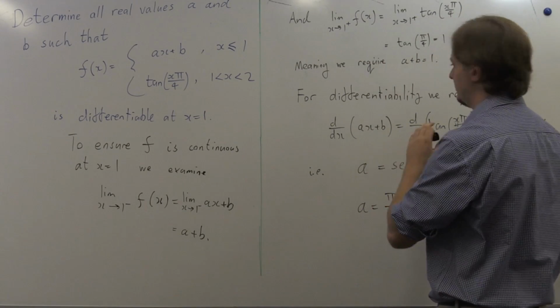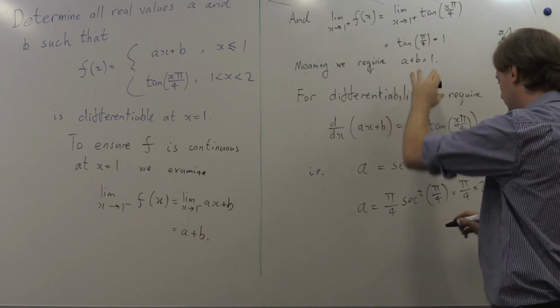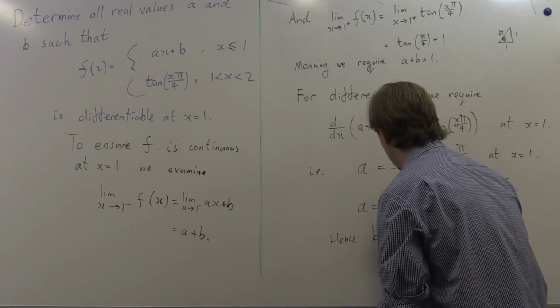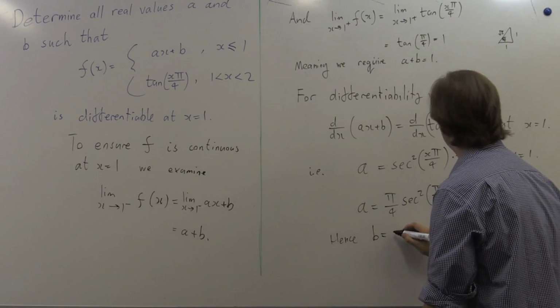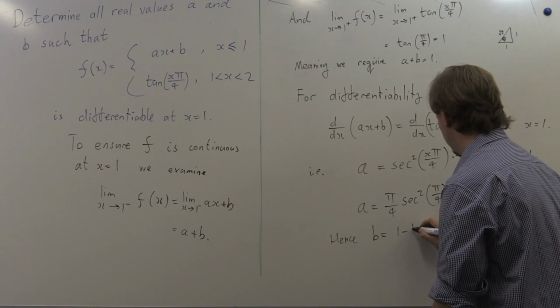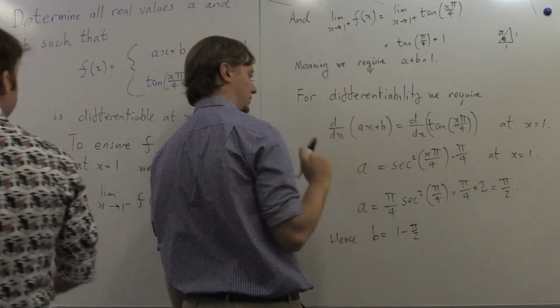And I'll feed that information back in to get b. So I already had that a plus b was 1. So hence b will have to be 1 minus pi over 2, just to satisfy this equation.